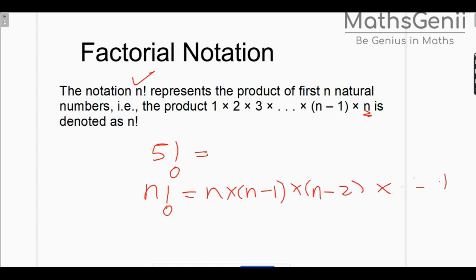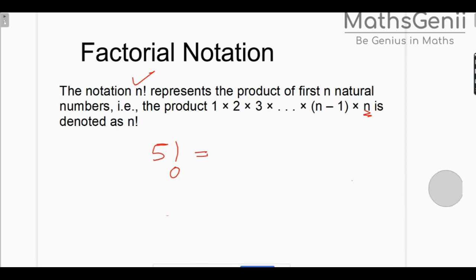You don't have to remember this formula at all. How do you write 5 factorial? You just look at that. It's nothing but 1 into 2 into 3 into 4 into 5. That's it. The product is your answer.